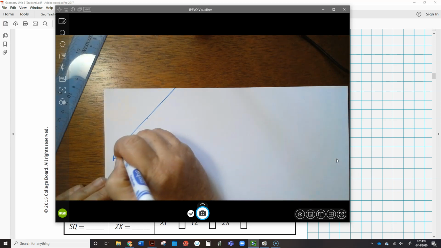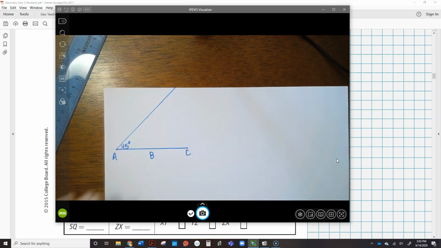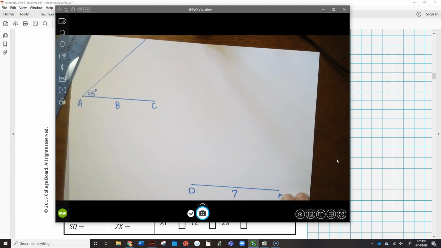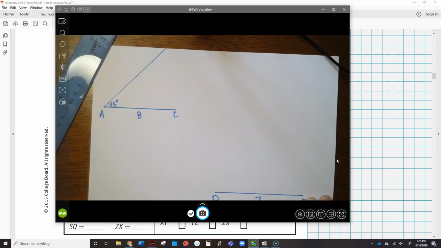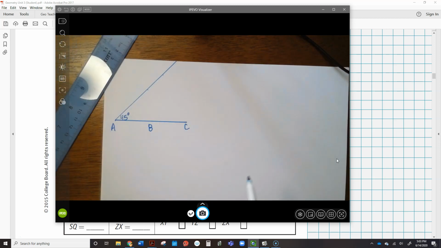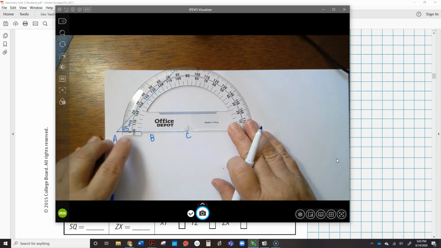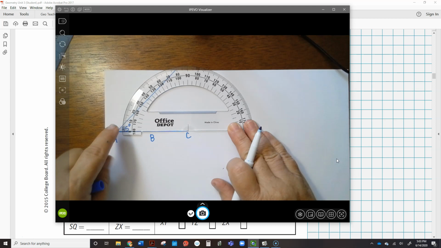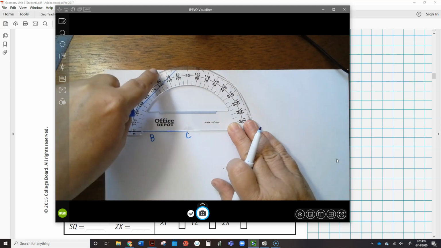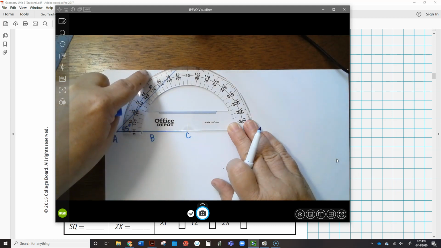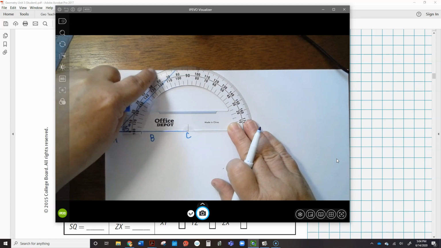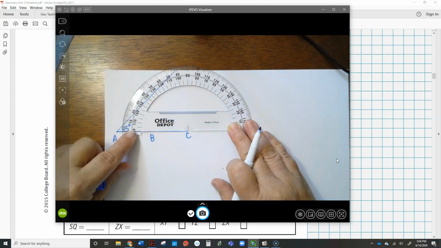Okay, so this is my 45-degree angle. I'm going to go ahead and do this next one. Now, I'm going to go ahead and do C just because it's easy to scoot the protractor over to the other side and then do either one. I either have to do 60 or I have to do 75.